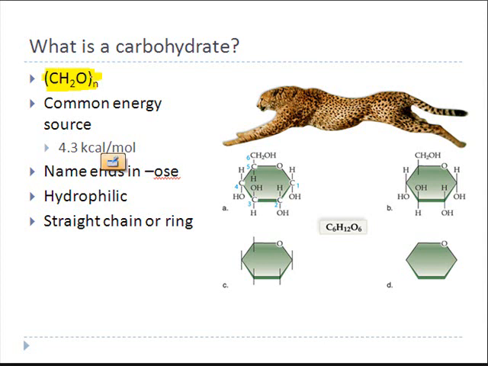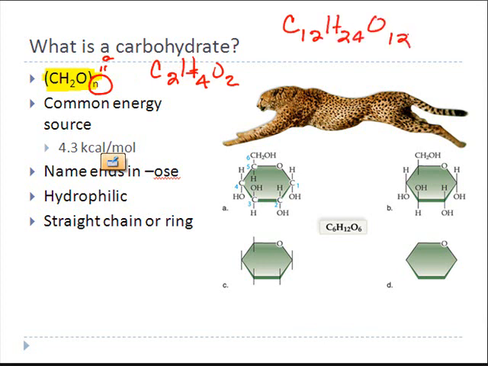This little N down here means that if your N is 2, for example, you have 2 carbons, 2 times 2 is 4 hydrogens, and 2 oxygens in your carbohydrate. If the N were 12, you'd have C12, H24, O12.